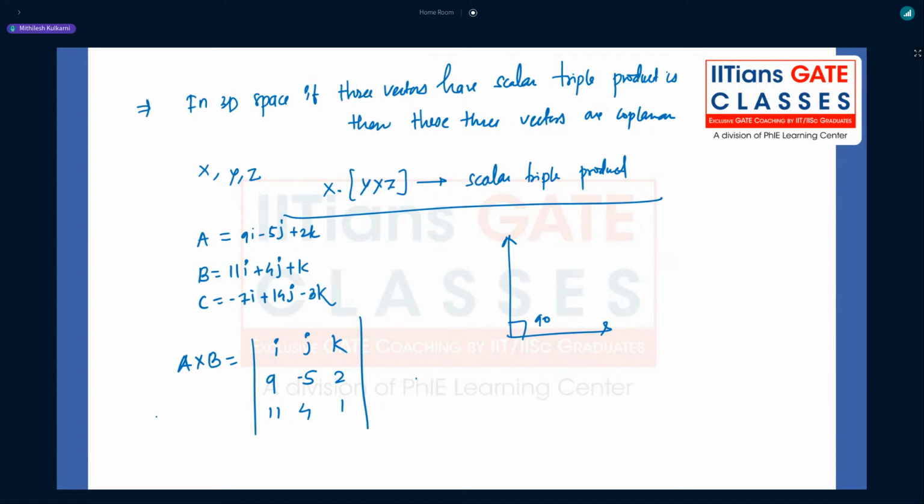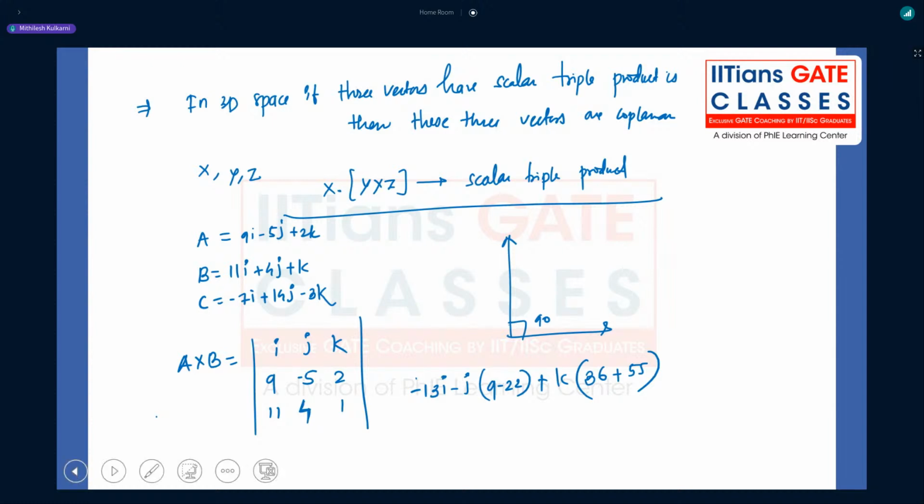Minus 5 8 minus 39, minus j into 9 minus 22, plus k into 36 plus 55k. Okay, so this is the vector you will get for A cross B.